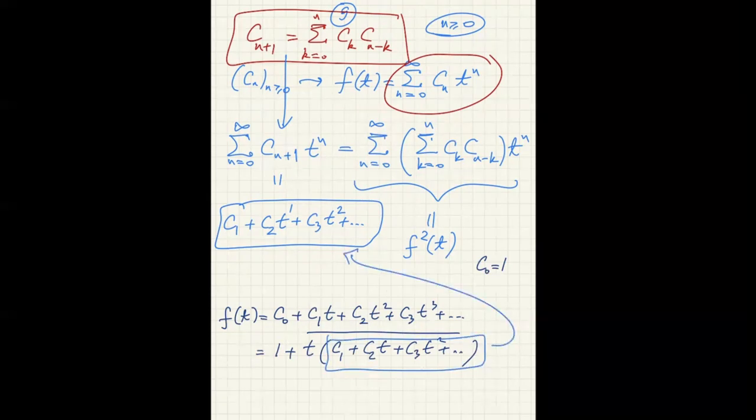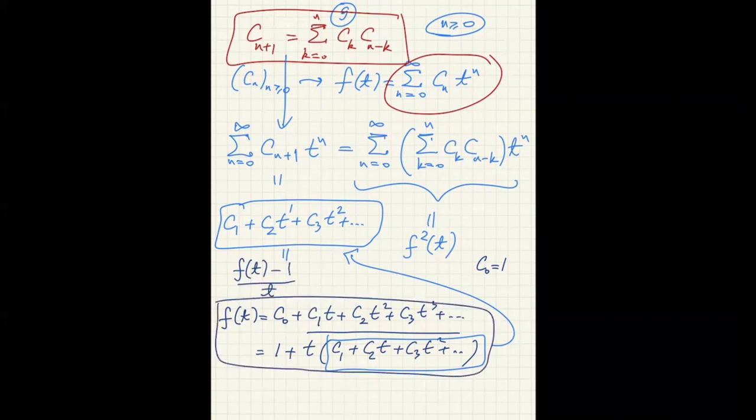And so with this in mind, I can figure out that what I was trying to find out, the expression on the right, this one equals f of t minus 1 divided by t. It's from this equation from here that you find it.